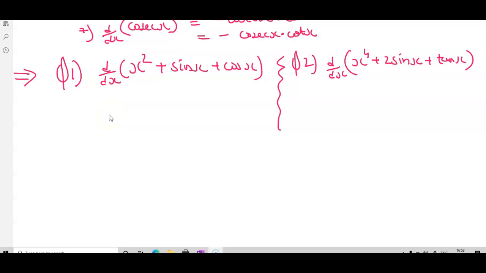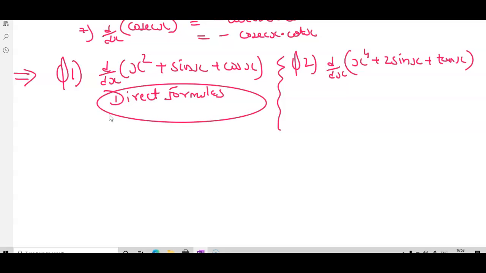Now seeing question number 1, which is d by dx of x square plus sin x plus cos x, there you have to use the direct formulas. So first of all, let me separate them.